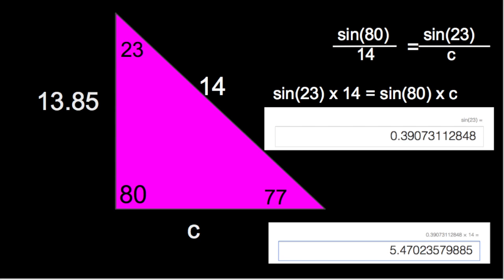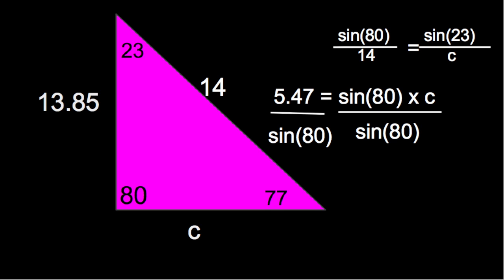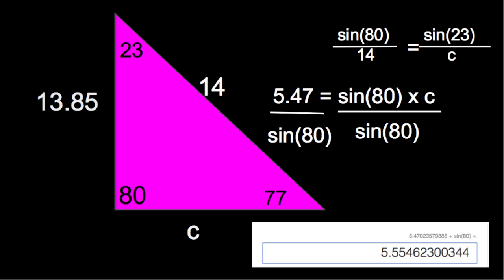You should have 5.47. Now we need to do the last and final step so that we can get C alone and figure out the side length of C just as we did the side length of B. As you can remember in the last problem, you have to divide it by the sine of 80. Once you do that, you can figure out that the side length of C equals 5.55.